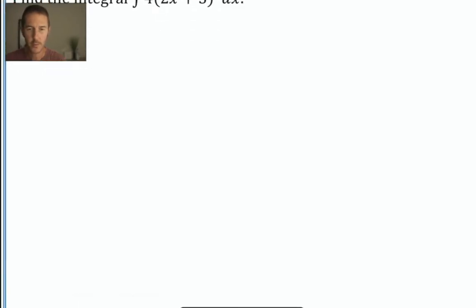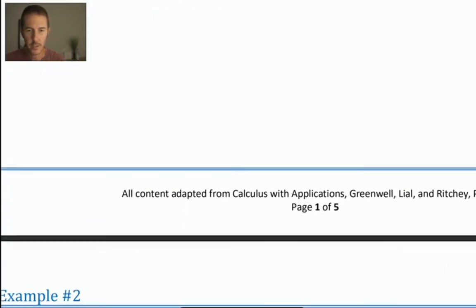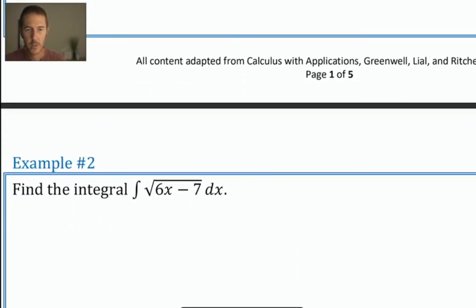Let me move down and look at another example problem. In here you see a 6x minus 7. The derivative of that is 6, which is a constant value. Out here, you don't see it, but it's there, is the number 1, which is a constant value.